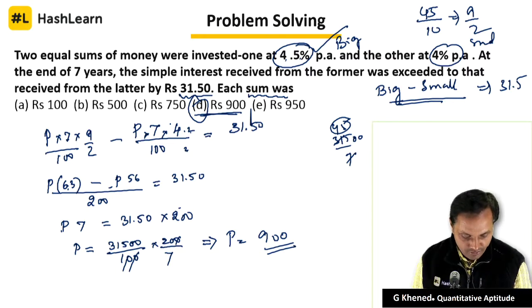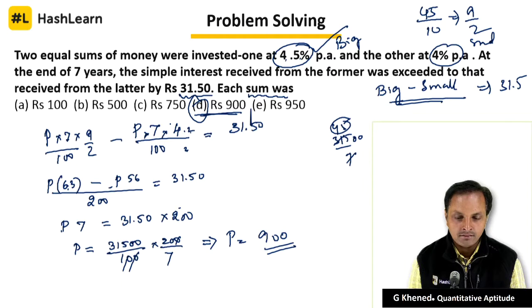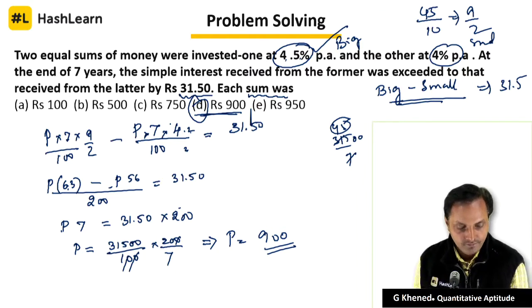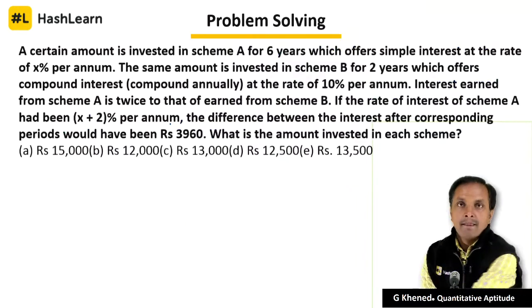Your P will be equal to 900 rupees, which is option D. So once you cancel, 45 into 2 should be equal to 90 something, and 90 something is in option D.